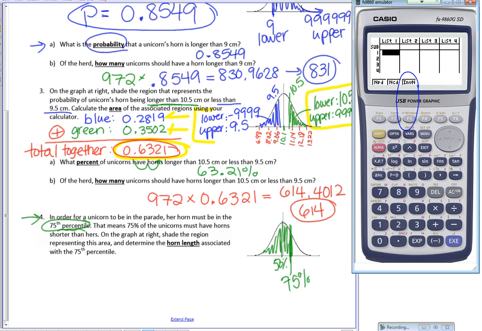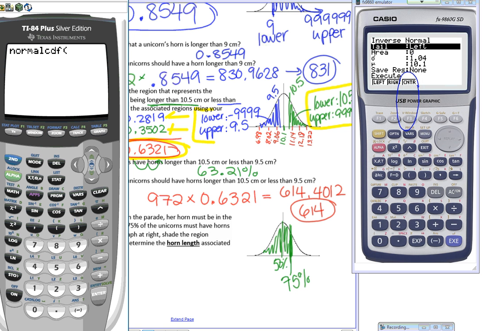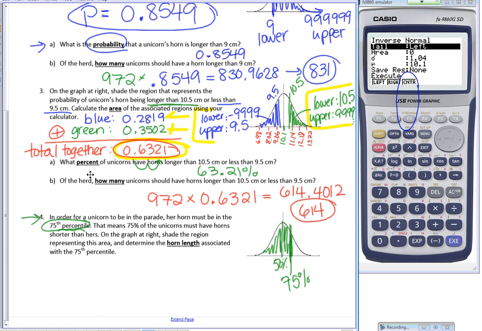So that's the one that we're going to do. If you were using your TI, when we went to distribution, if you go down underneath normal CD was inverse normal. So it's the same thing in that one. So long as you've got the pretty print, it'll pop up a menu like ours does.